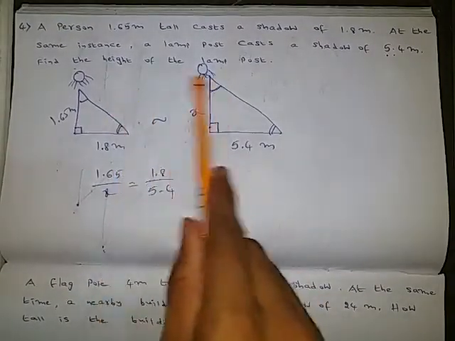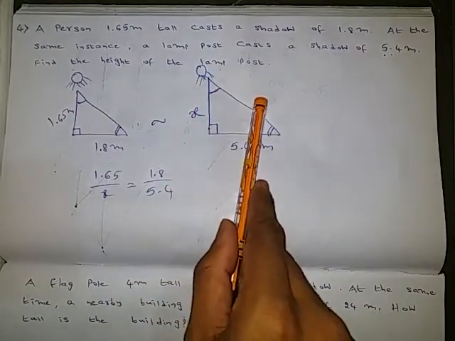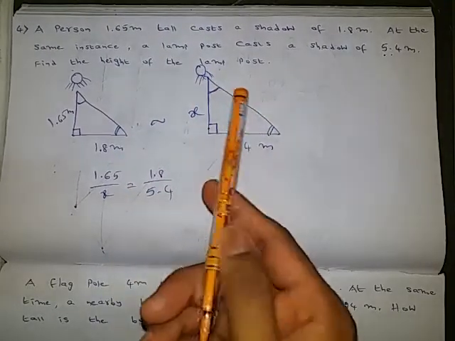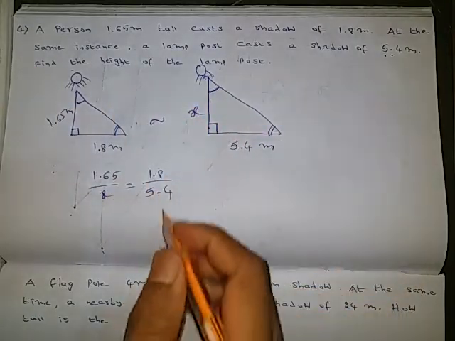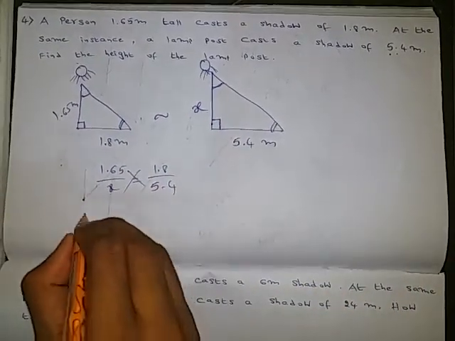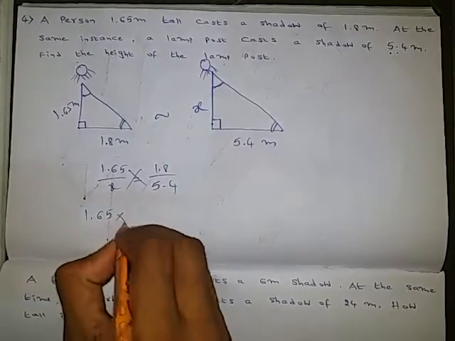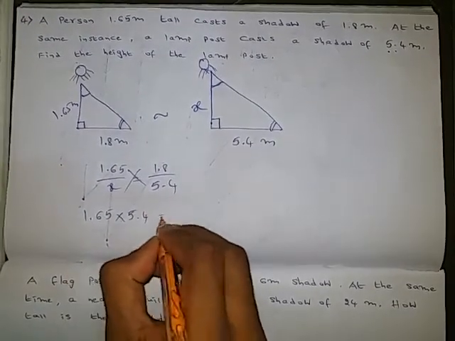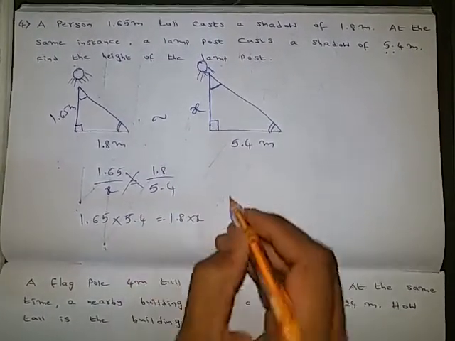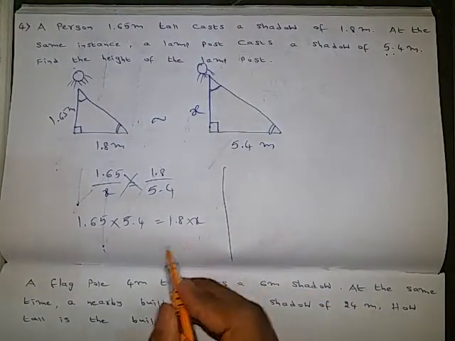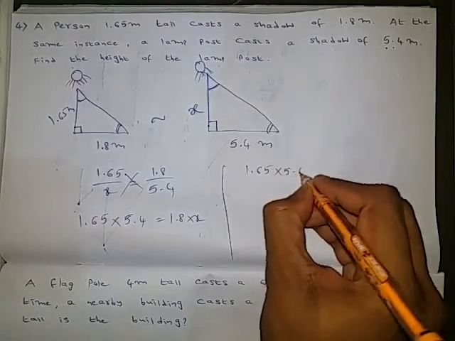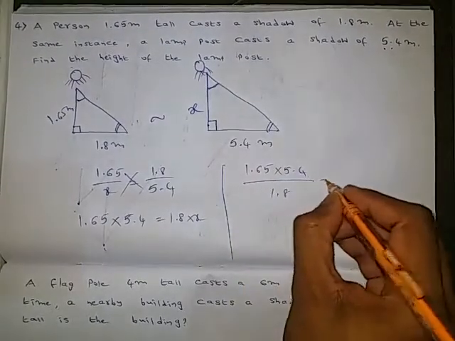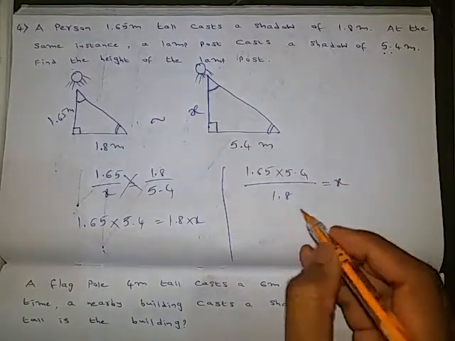Here hypotenuse by hypotenuse also you can write, but here we don't have any use for that hypotenuse, so that's why I am not touching that hypotenuse part. Now if we do cross multiplication, we will get 1.65 into 5.4 is equal to 1.8 into x. We want the x value, so take 1.8 that side. 1.65 into 5.4 divided by 1.8 is equal to x.